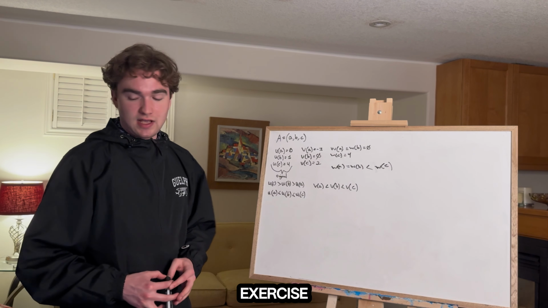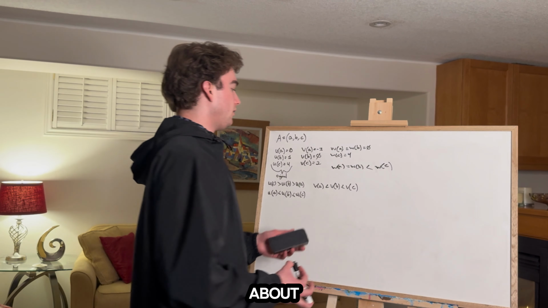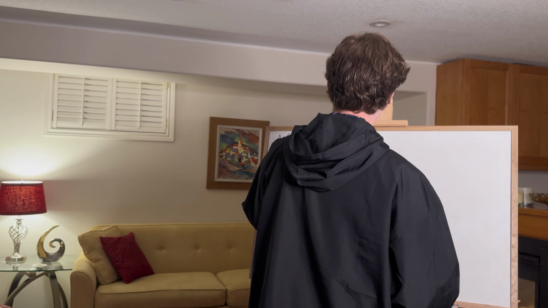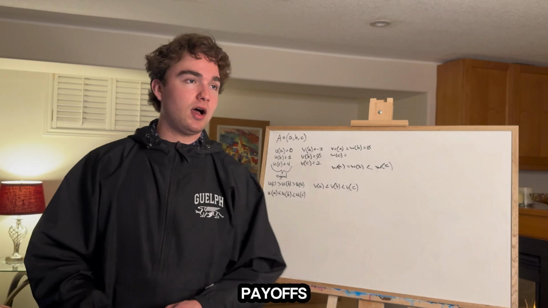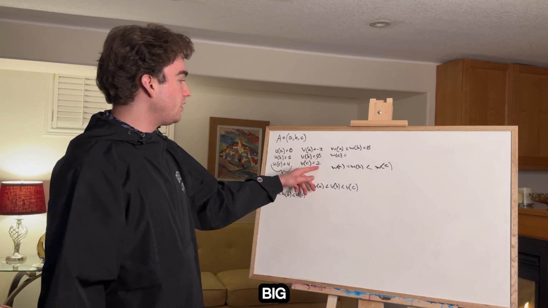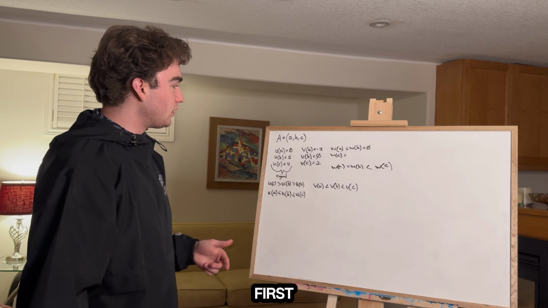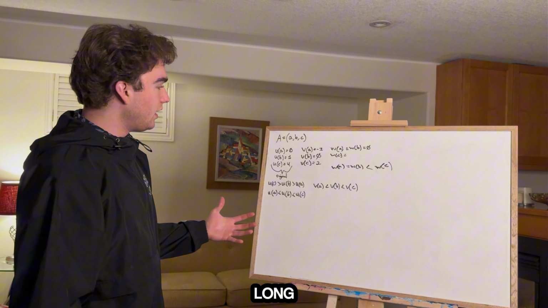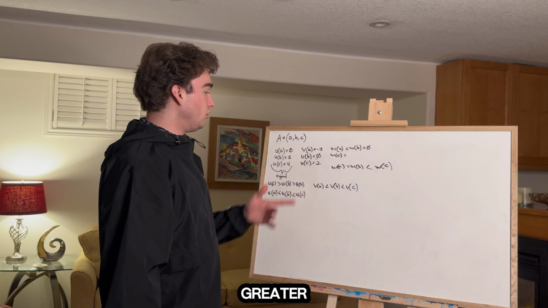The purpose of this exercise was to teach you about how players interpret payoffs. Like, it doesn't matter how big this 2 or this 4 was, or how small these first numbers were, as long as the 4 is greater than 1 and the 1 is greater than 0.